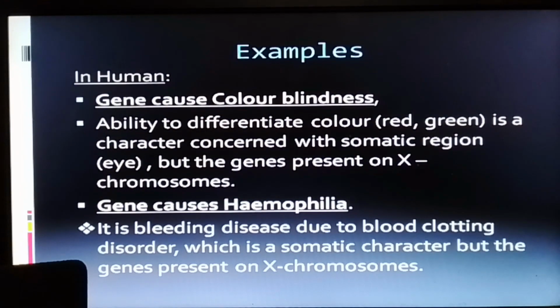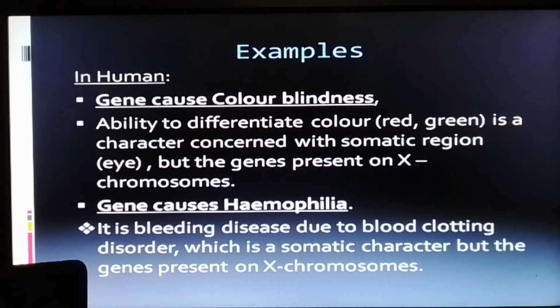So here we have given the two familiar examples usually described in genetics books wherever the word X-linked genes comes up, particularly in humans. One is the gene that causes color blindness.